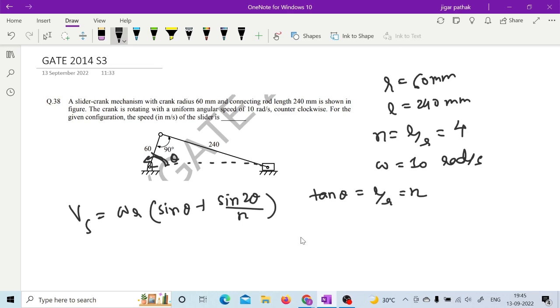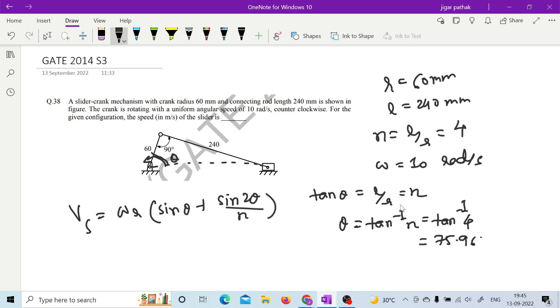So your theta is tan inverse n. N is 4, so your theta is tan inverse 4, which is around 75.96 degrees.